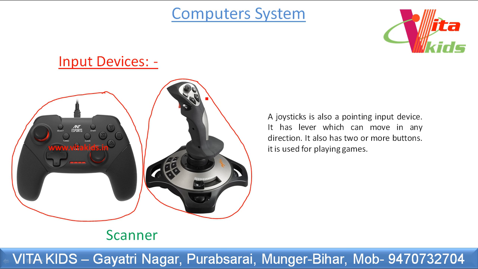A joystick is also a pointing device, by which we point. It has a lever which can move in any direction. This is actually the handle, and it is called the lever. We can move it up, down, in any direction, while playing the game.